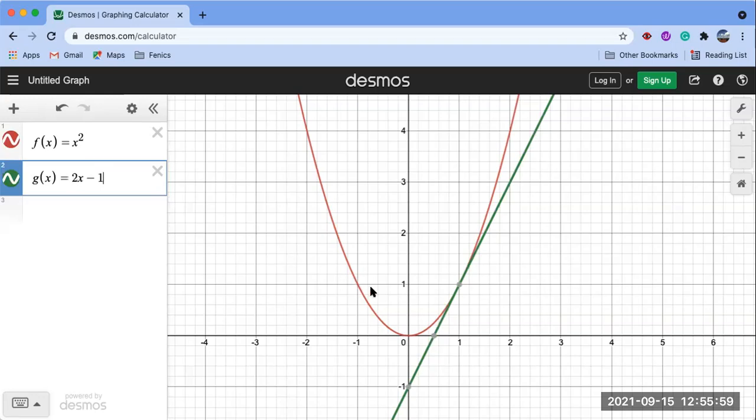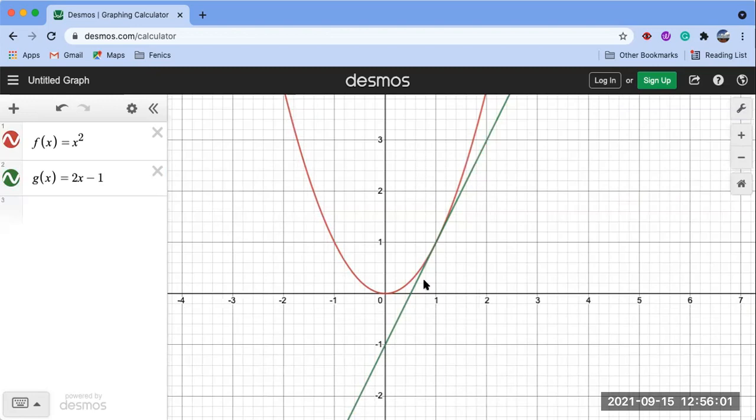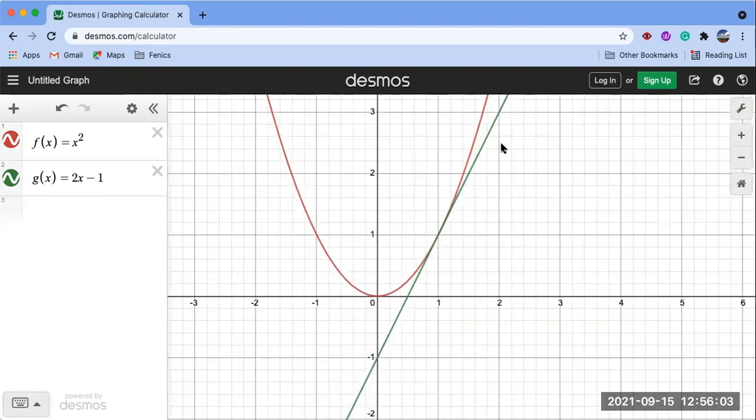The red line is the graph of x squared, and the green line here is the graph of the tangent line at the point P(1, 1), which should be this point. Is it clear? Very good.